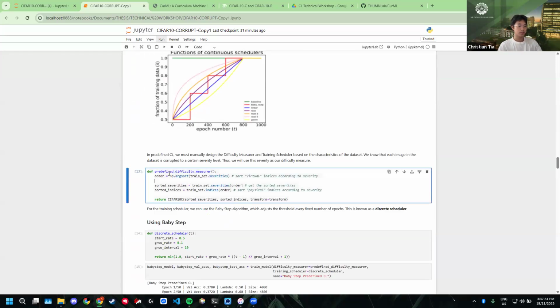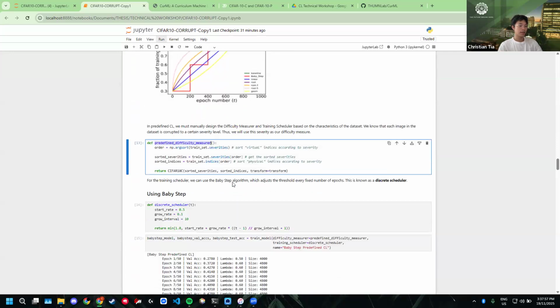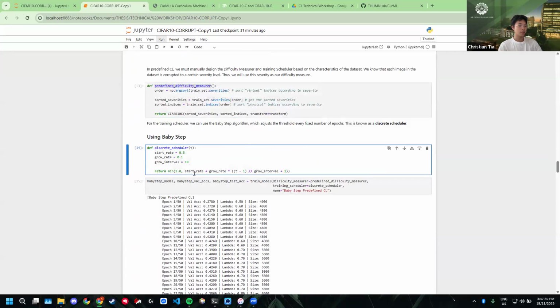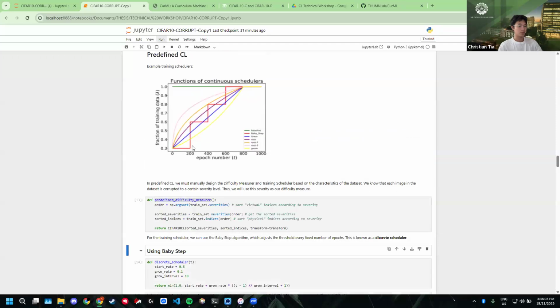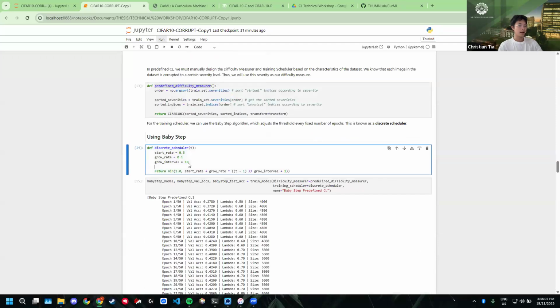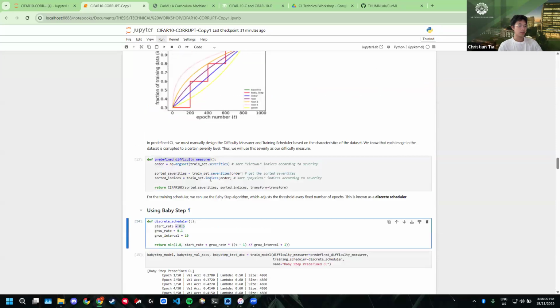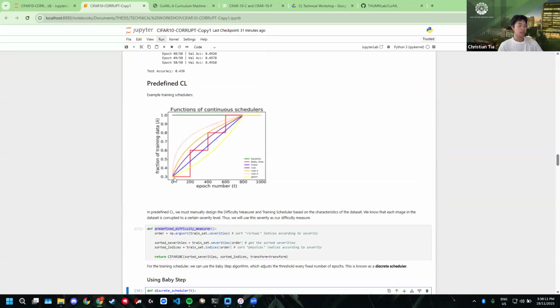So at first we went over this already. We defined the difficulty measure to be using the severity level of each image. And then for our first predefined CL, we'll use baby steps. So like this discrete scheduler right here. We'll start at the rate of 0.5. So what that would look like is this example right here starts at a lambda of 0.3.